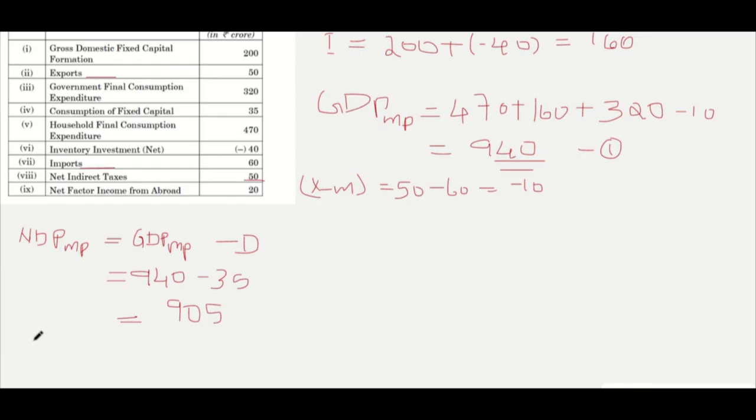NDP at factor cost will be equal to NDP MP minus, what? Net indirect tax. That is equal to 905 minus 50. Right. So that is equal to 850.